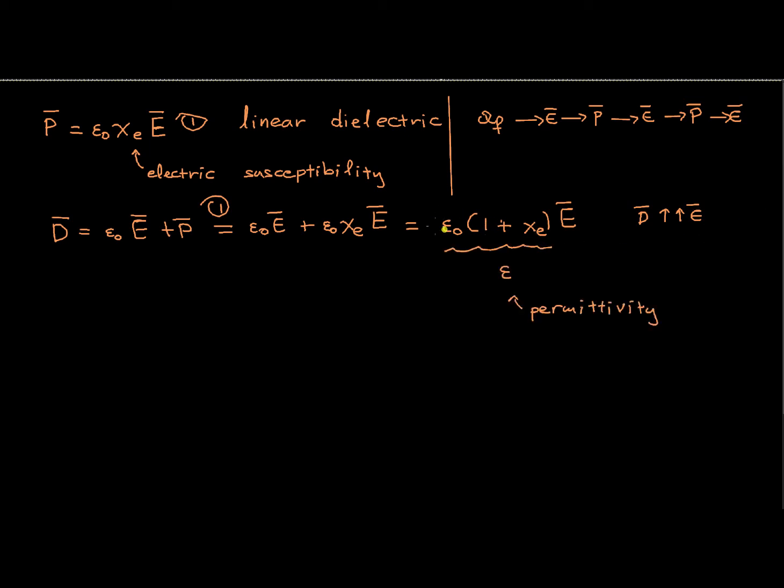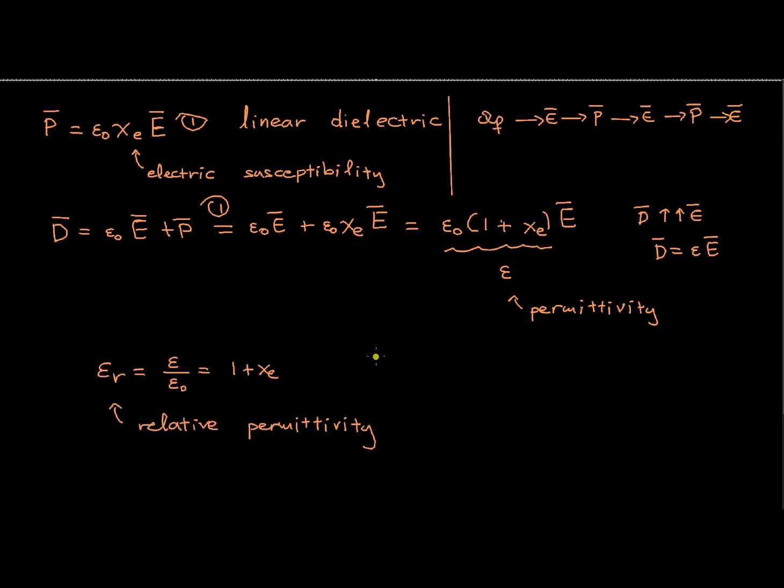Now we call this constant permittivity, and we use the symbol epsilon, so D would be equal to epsilon times the electric field.